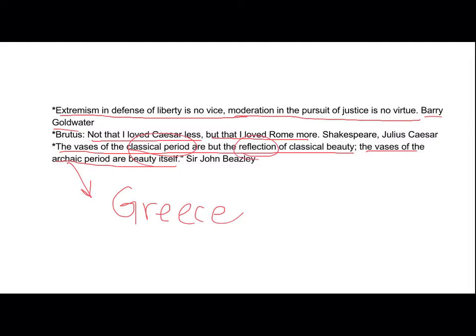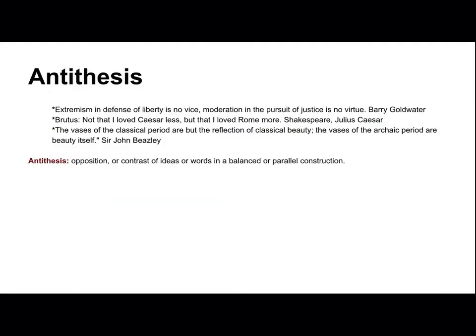But the actual original vases are what he calls beauty itself. So what's the rhetorical device here? The rhetorical device here is called antithesis, opposition or contrast of ideas or words, and a balanced or parallel construction.